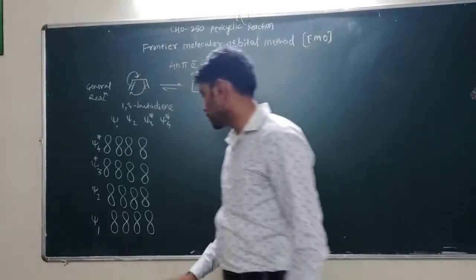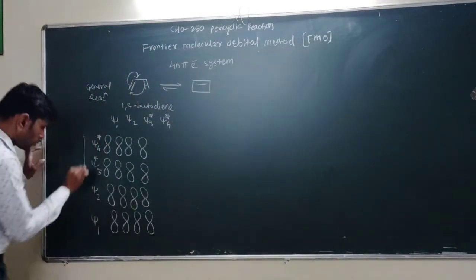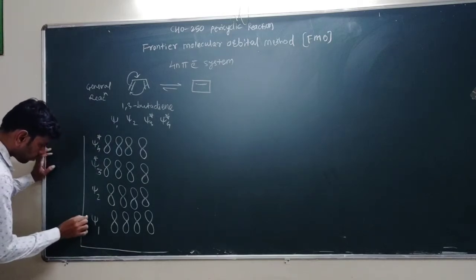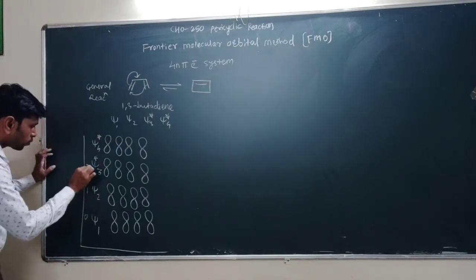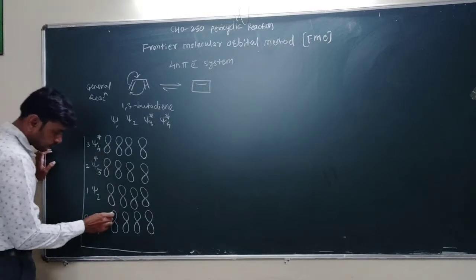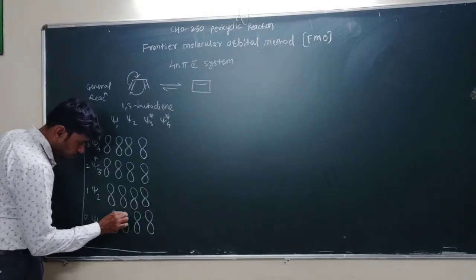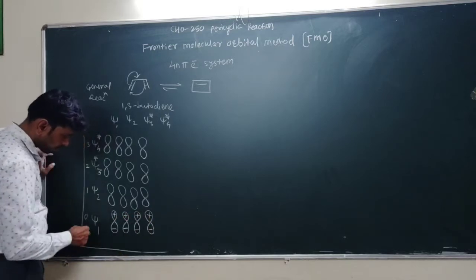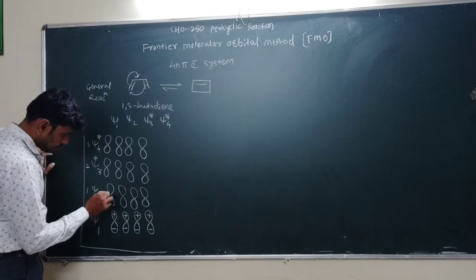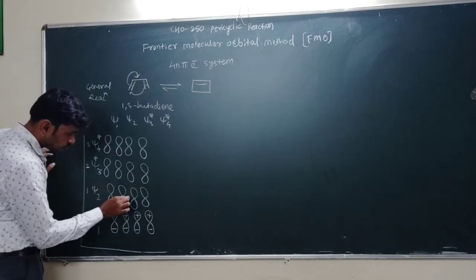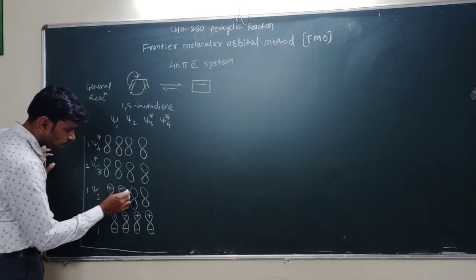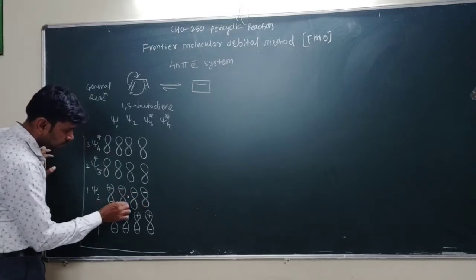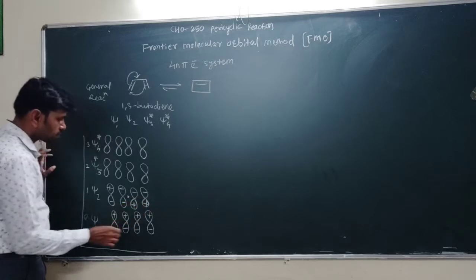In a similar manner we draw the number of nodes: 0, 1, 2, 3. No node in the first case, so give signs: plus, plus, minus, minus. In this case, 1 node is there, so put signs symmetrically: plus, plus, after the node it becomes minus, minus.